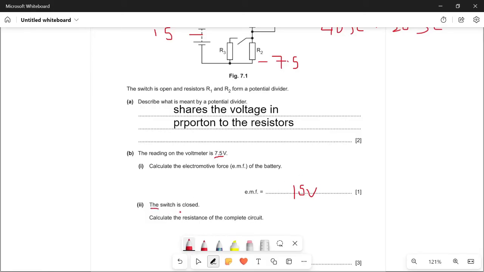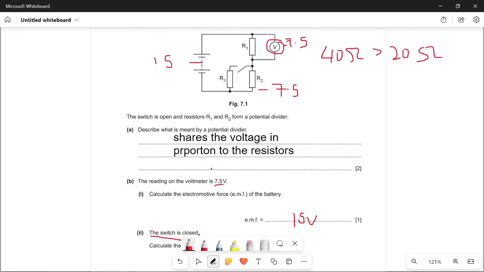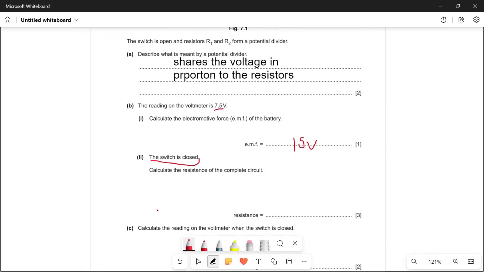The switch is closed. Calculate the resistance of the complete circuit. So when you go back to the diagram, we can see that R3 and R2 are in parallel. So first let's calculate the resistance of that. They're all 40 ohms.